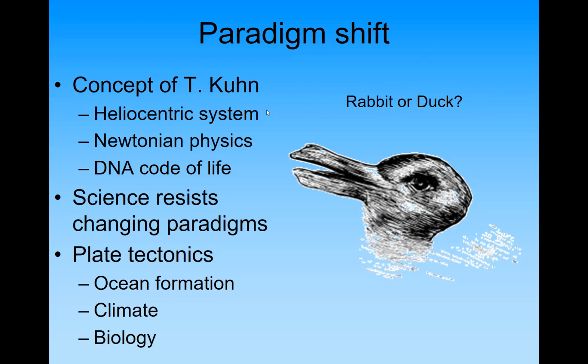The examples of paradigm shifts that have occurred in scientific history include the heliocentric system. So prior to Copernicus and Kepler and Newton, the idea was that the Earth was at the center of the universe, and that everything revolved and orbited around the Earth. And it was actually possible to build up systems that explain the motion of the celestial bodies in terms of a system where everything was orbiting around the Earth.